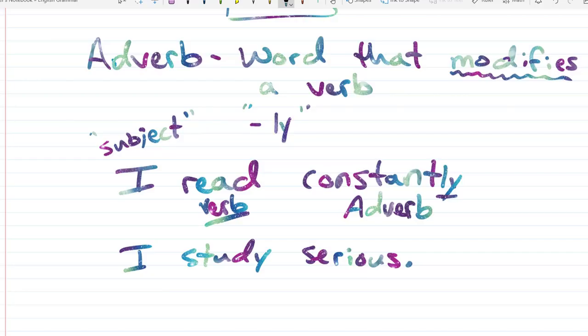Or something along those lines. You hear this a lot, like someone takes it serious, right? And really the idea is I study seriously is actually the right way to say that, right? I think about it serious. Well, no, that's wrong. It's seriously, because it's modifying how you think or study or something like that. So you always see this ly.